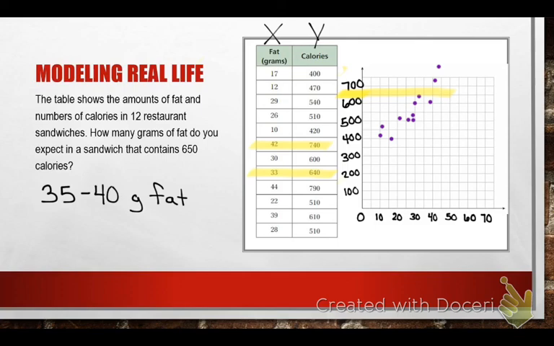Josh? As fat increases, the amount of calories in the sandwich also increases. Yeah, that's perfect. And isn't that true? The fat is usually what makes it taste good, some of that flavor. As the grams of fat increase, the calories are going to increase.